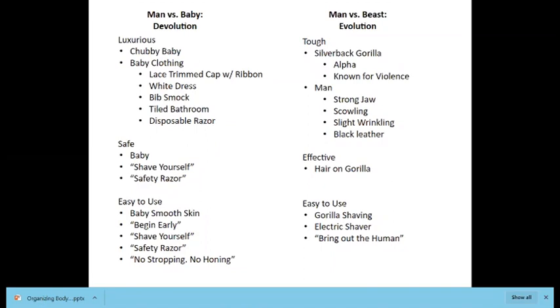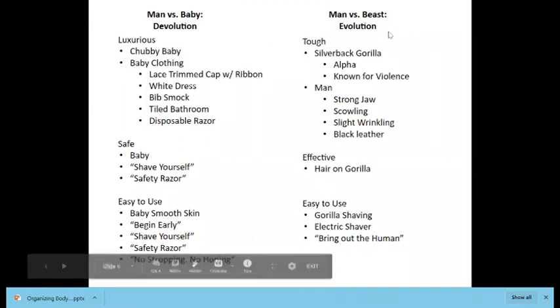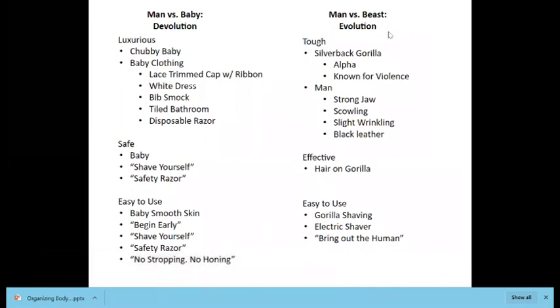Now, the other thing that I do want to point out here very quickly is that if the man versus beast angle is your second ad, and oftentimes if you're using an older and newer ad, it makes sense to start with the older one first.